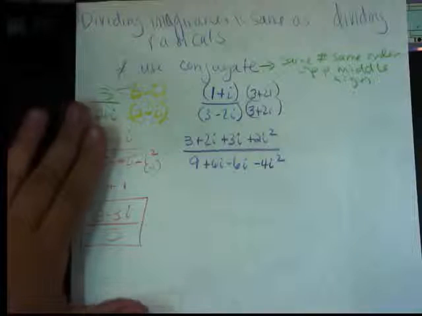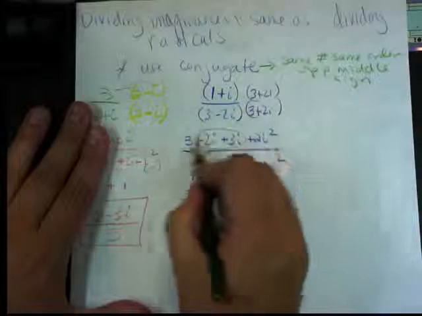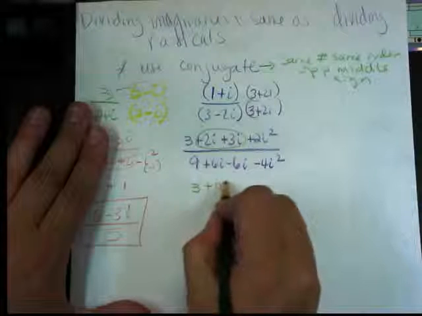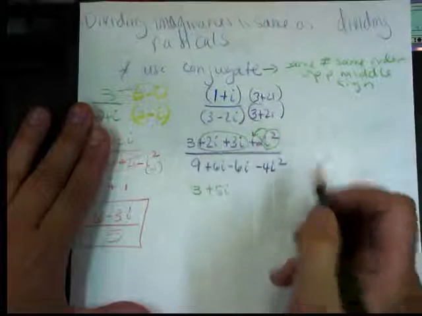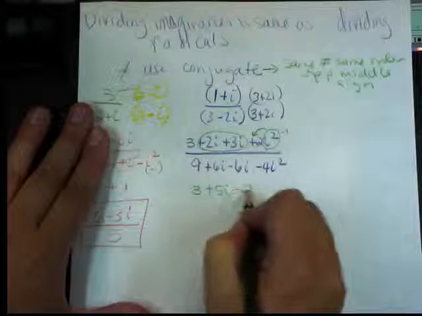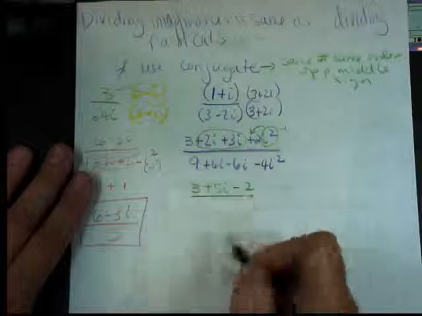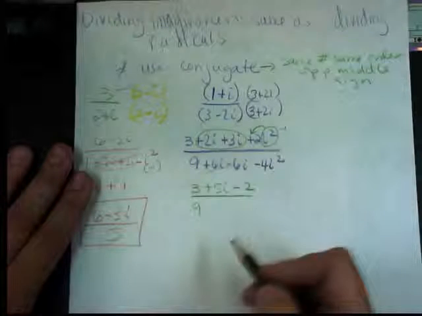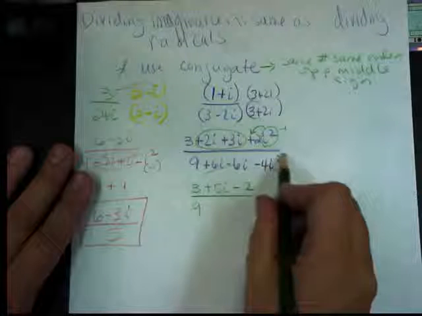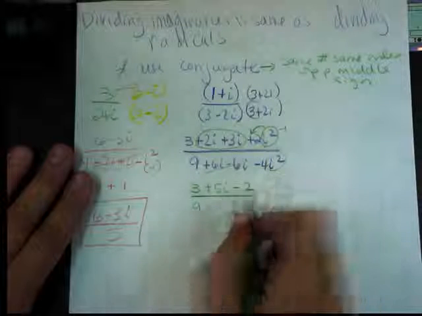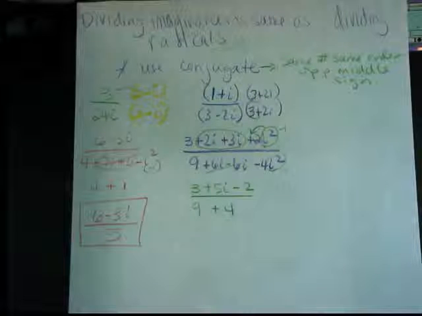So when I simplify on top, I'm going to get 3. Those are going to give me 5i. And this i squared is a -1, so it's going to change that sign to a -2. On the bottom, I'm going to get 9. Those go away. And then I'm going to get this i squared for -1, which makes that a +4.